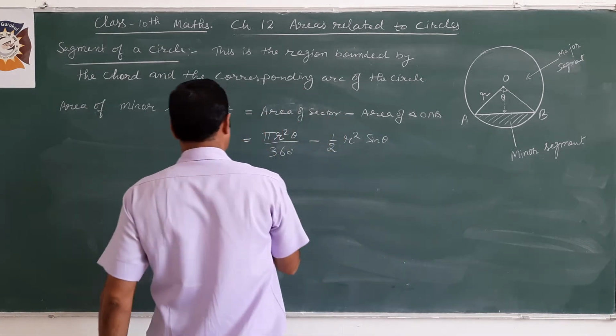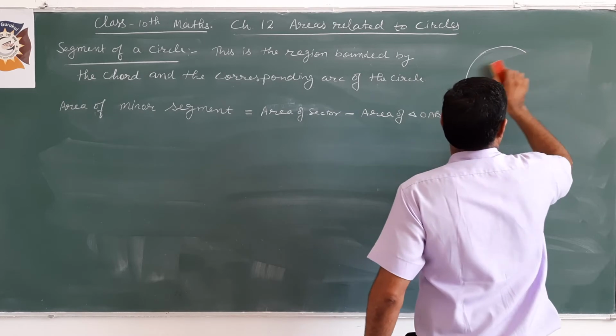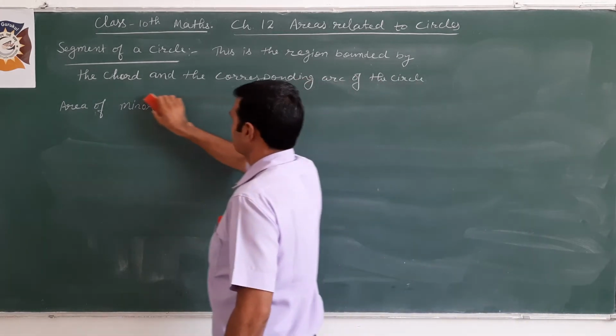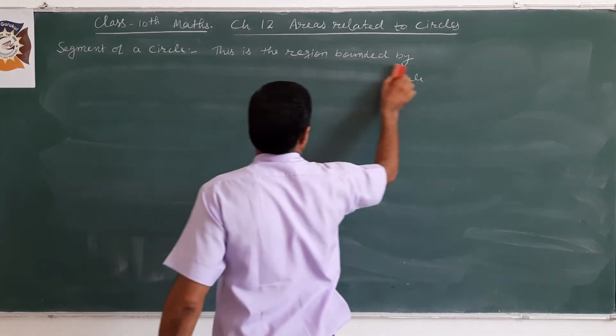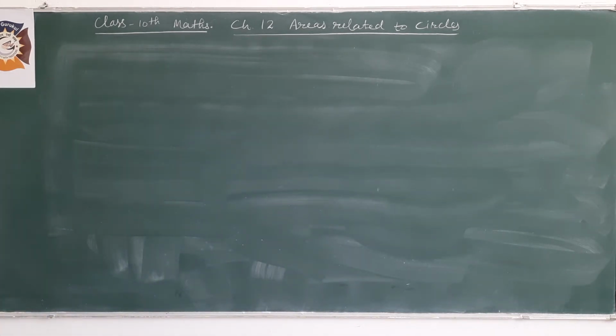First question. The first question is, find the area of the sector of a circle with radius 6 centimeter if angle of the sector is 60 degree.